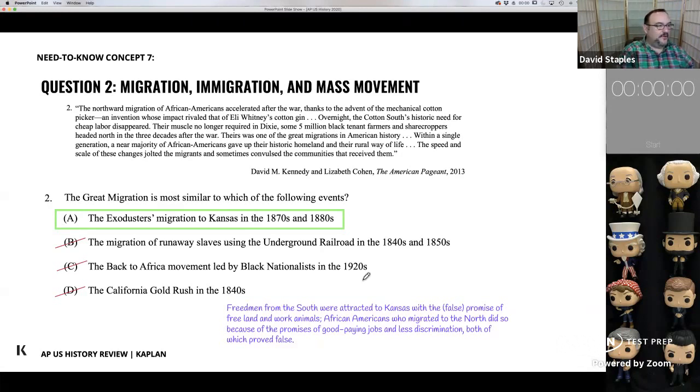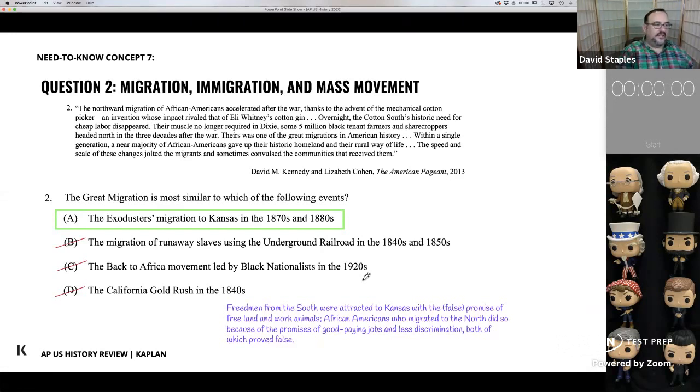And I know some of you are like, what in the world? Yeah, I know it's a tougher question. But think how awesome it is that now you learned it. Now you saw the Exodusters migration, and we talked about the Great Migration. What if they ask something like that, and now you have those extra things in your back pocket to throw in there as evidence?